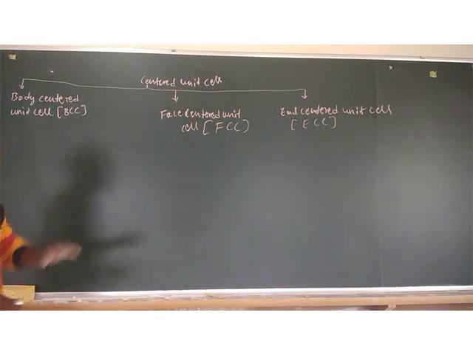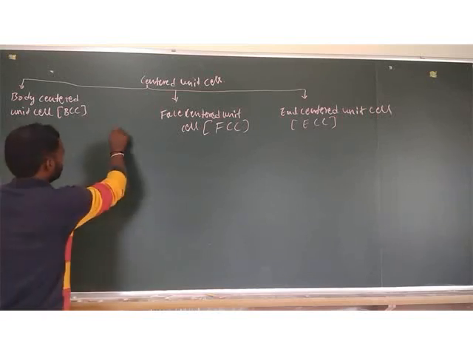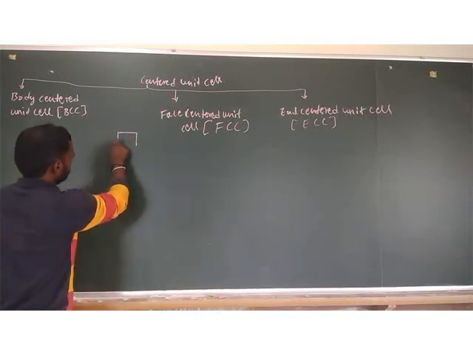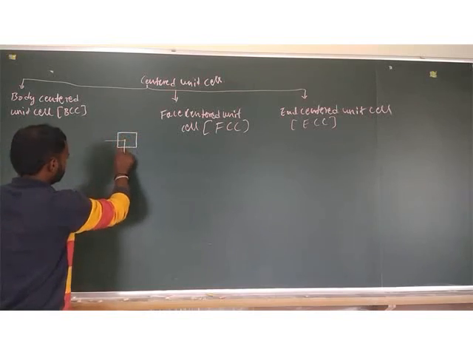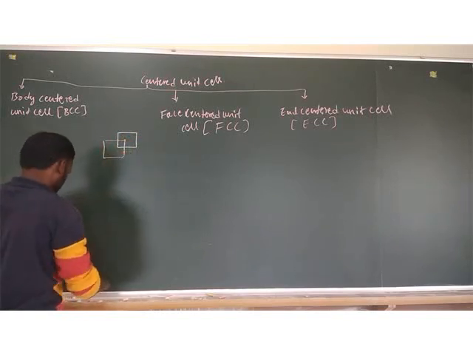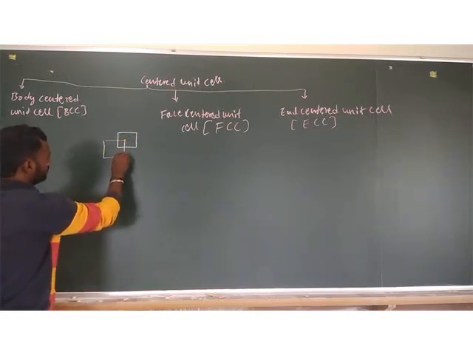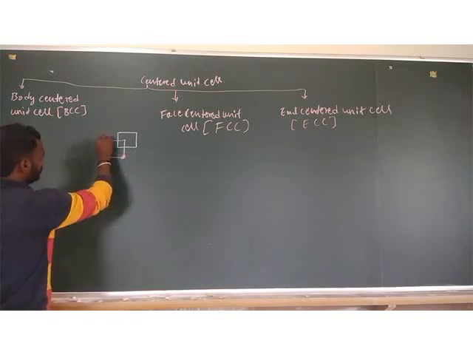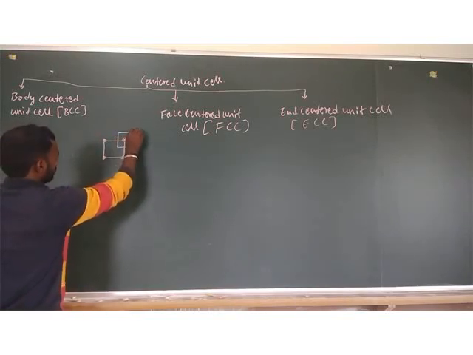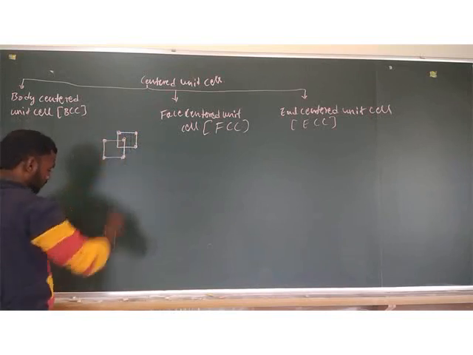First one, the body-centered unit cell. For example, this is one cube. This cube contains the constituent particles, also called lattice points.